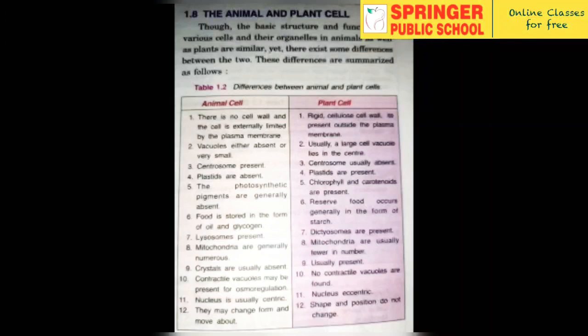A plant cell also contains photosynthetic pigments. And what are pigments? They are the coloring material, the material which provides colors to all the parts of the plant, and that coloring material, chlorophyll, is present in the plant cell but absent in the animal cell.